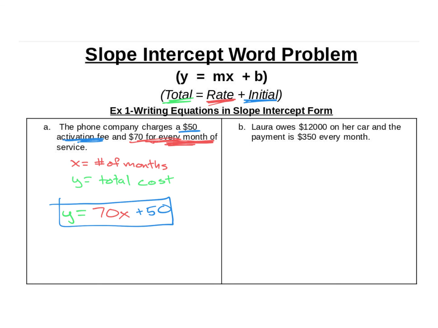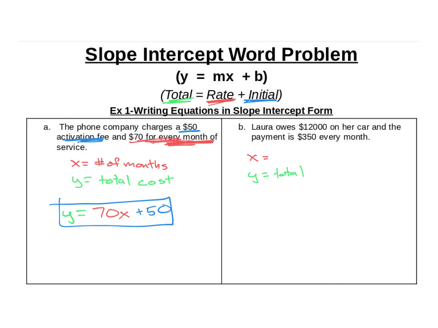Okay. Looking at example B, Laura is going to owe $12,000 on her car, and the payment is $350 every month. So if we're going to try to write an equation to represent this, the one thing we don't know, again, is the total. And when we look at what X and Y equal, the Y is going to equal your total something.